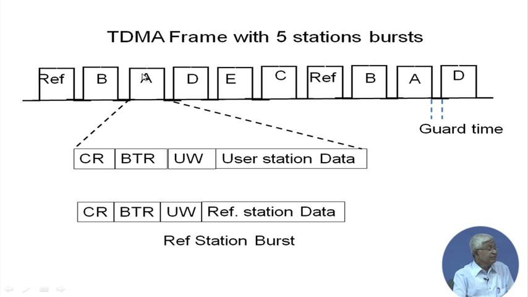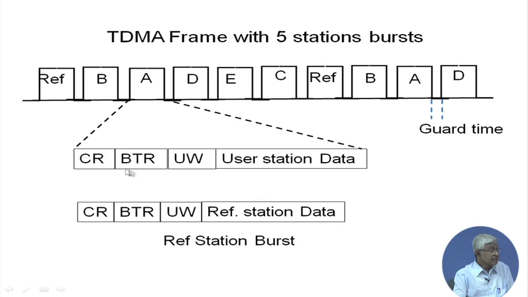Each individual station burst has information like carrier recovery time CR, bit timing recovery time BTR, a unique word, then the user station data, the actual data, sitting here. Similarly, the reference burst, which says that this is the beginning of the frame, may have a CR, BTR, unique word, and reference station data if it has to transmit data meant for all others.